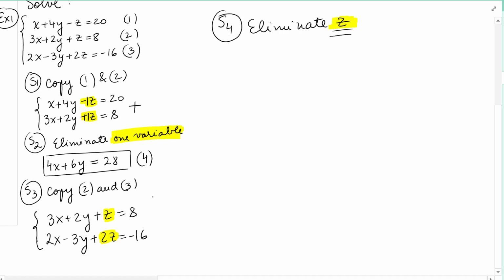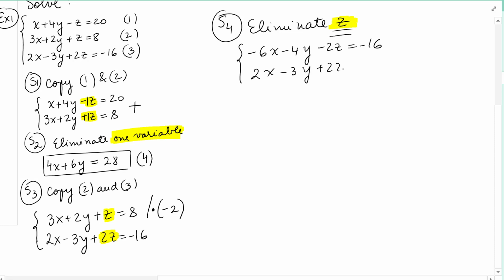So I'm going to multiply the first equation by -2, so that I will have the same number in front of z, different signs. So the first equation becomes -6x minus 4y minus 2z equals -16. And the second one is 2x minus 3y plus 2z. I just copied because we didn't do any changes to it.